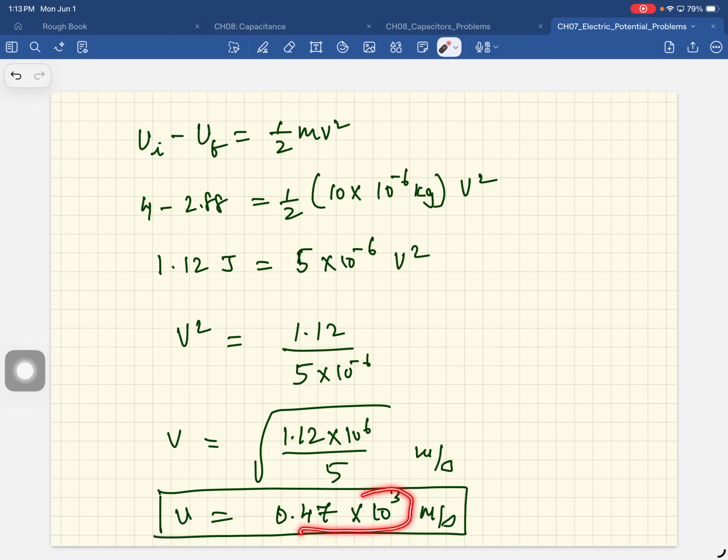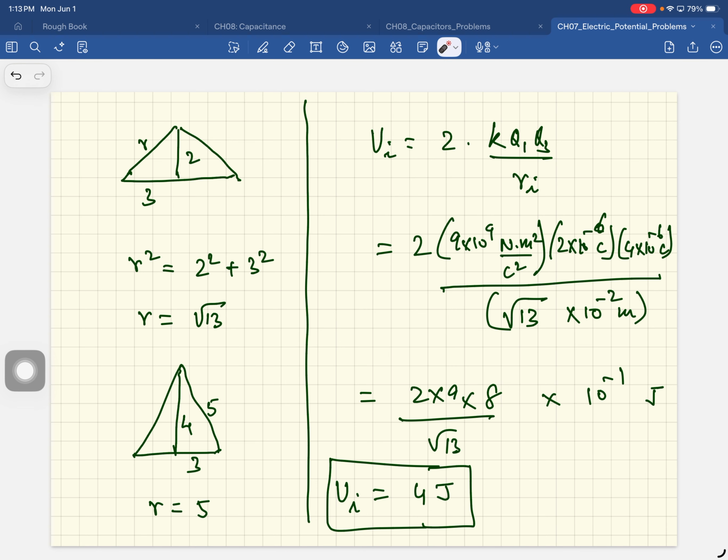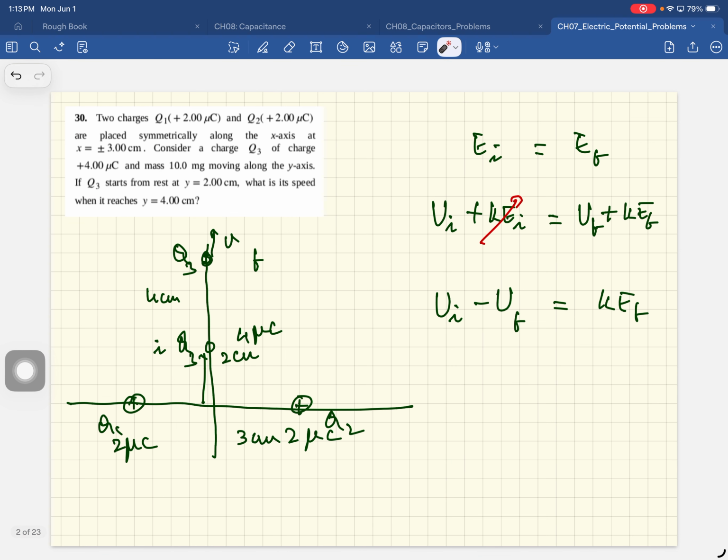Plus the integral along the second path, E dot dr. So this first guy is 0. Now this is equal to the integral along the second path. What is E?